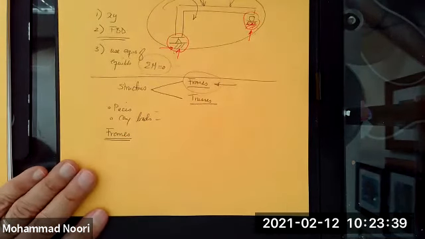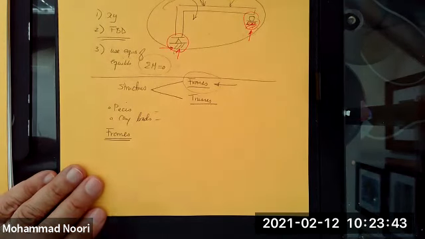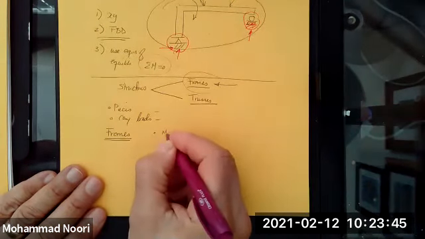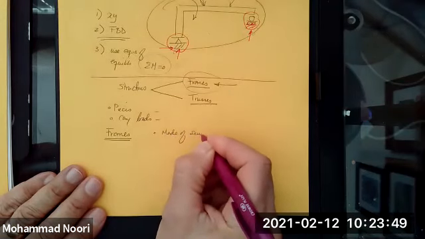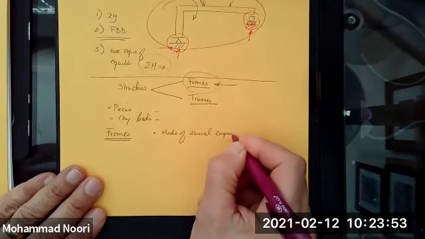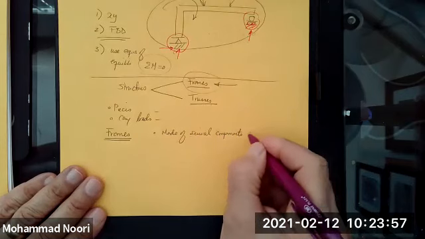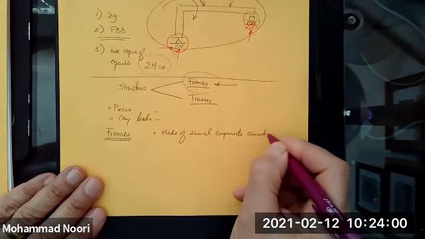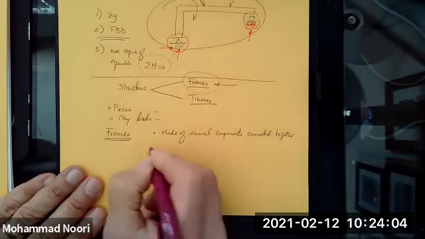A frame structure, okay, is a structure obviously made of several elements, components, pieces, whatever terminology you may use, connected together. Okay?